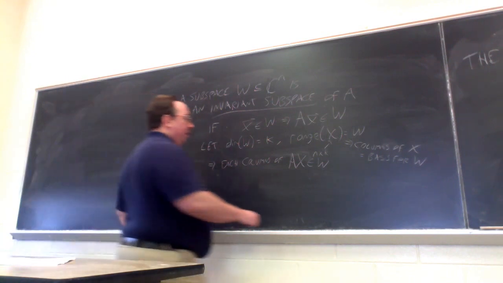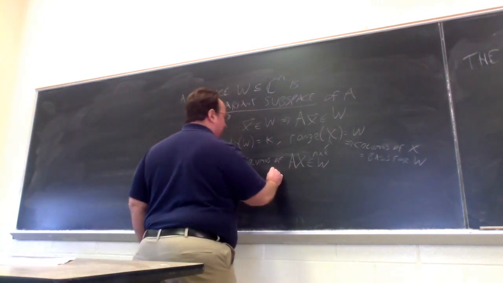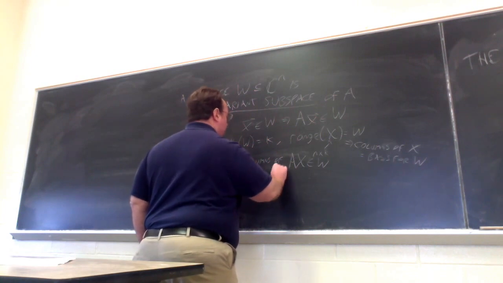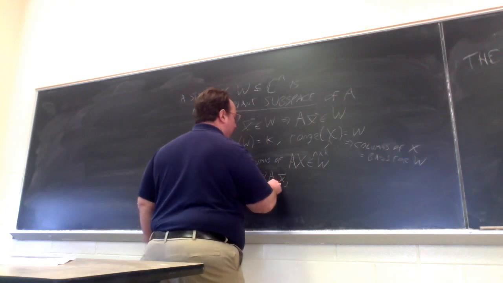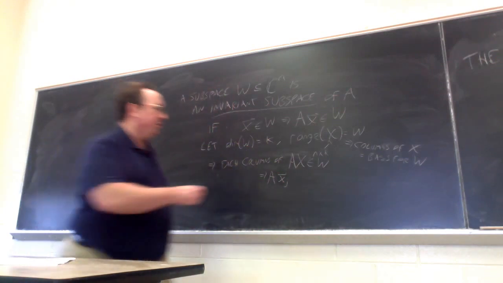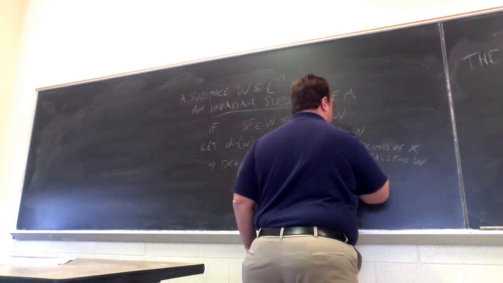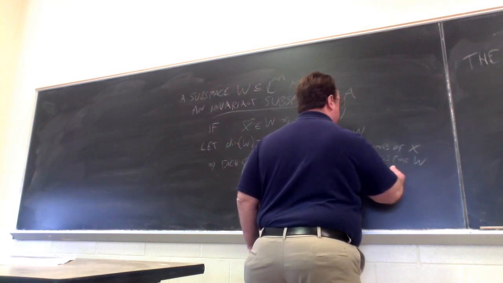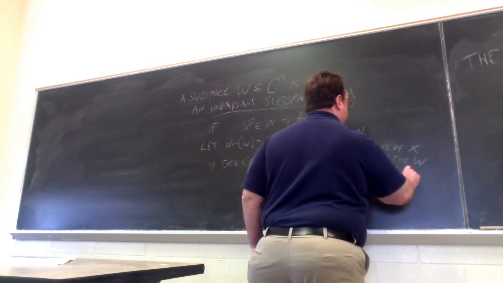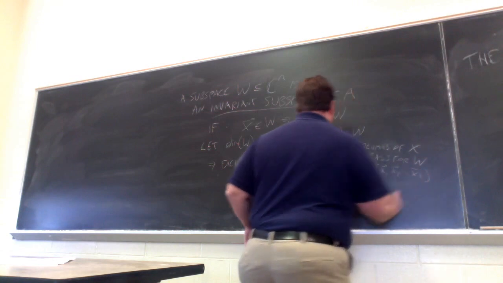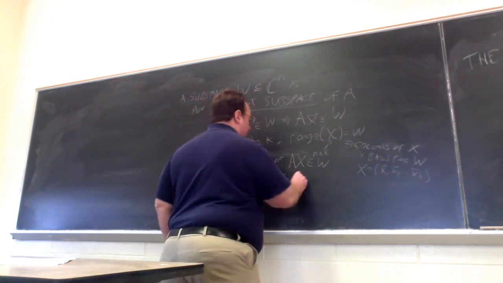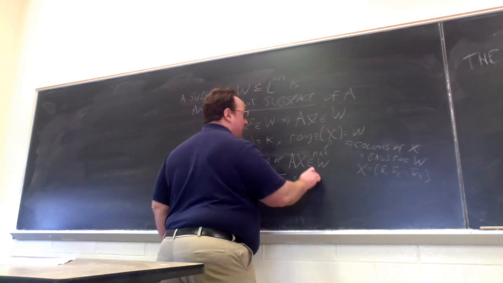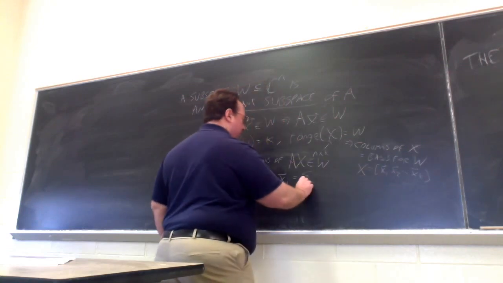So that means that AX, well, if I pick out a column, x_j, so I'm going to assume, like I usually do, column partitions. X is x_1, x_2, up to x_k. So if I just pick out a column multiplied by A, then it would have to be a linear combination of these same vectors.